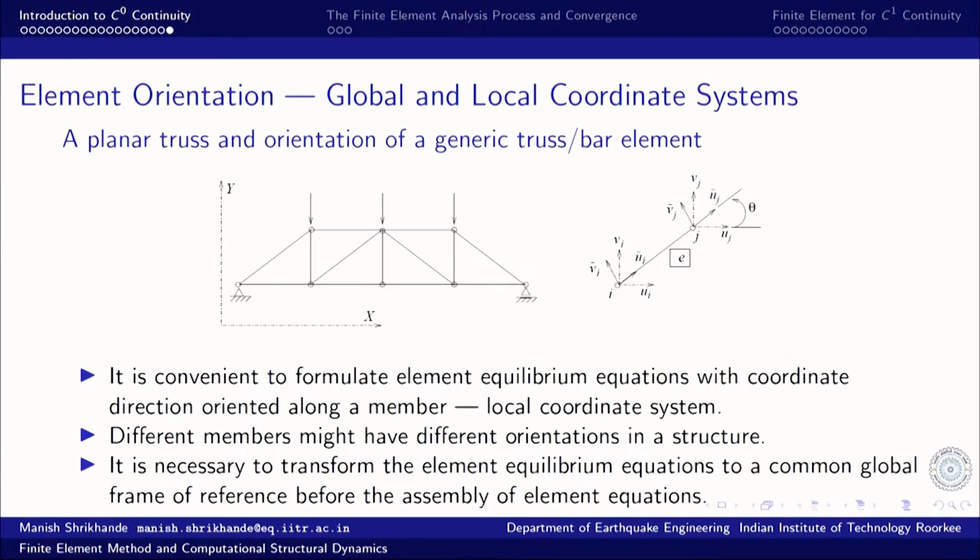And after the assembly, as we did earlier, we impose the essential boundary conditions, and after the imposition of essential boundary conditions, the system of linear simultaneous equations is solved for the unknown displacements, or the primary variable at the nodes of the structure.